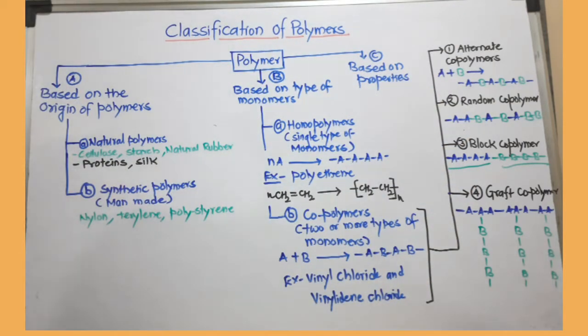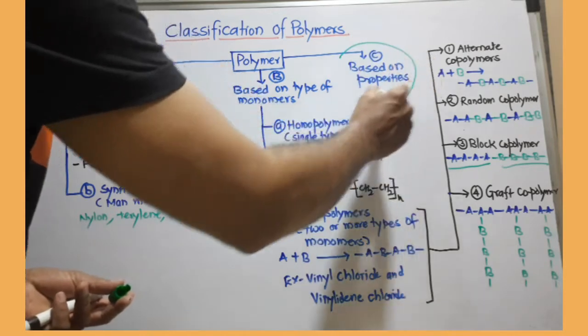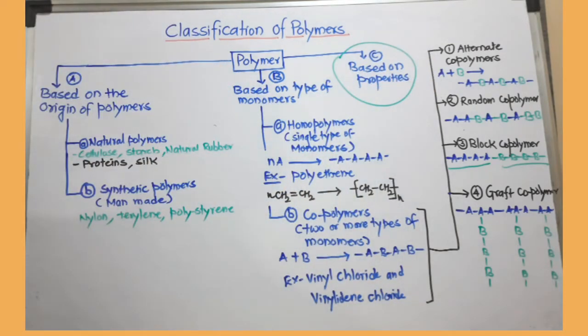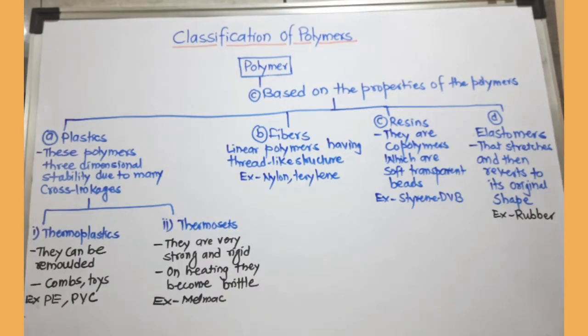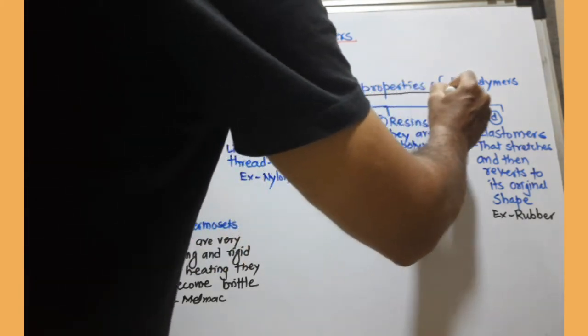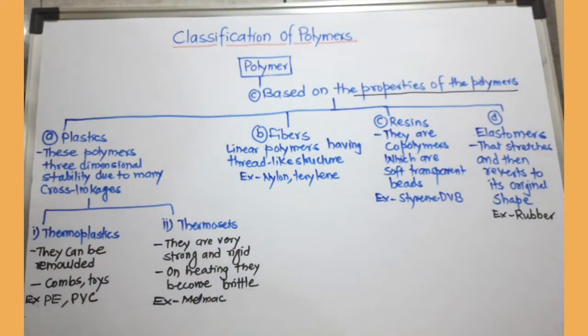Now the third type of classification is based on the properties of the polymers, which we are going to discuss now. Listen here. Properties of the polymer we have to consider. So first is plastic.